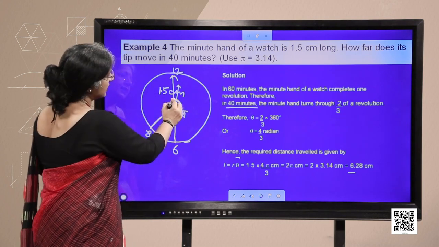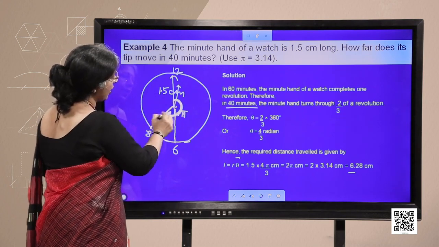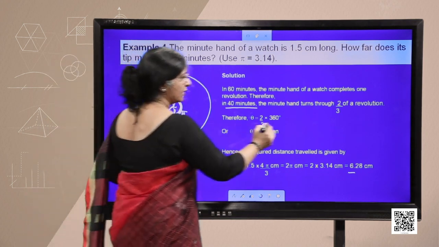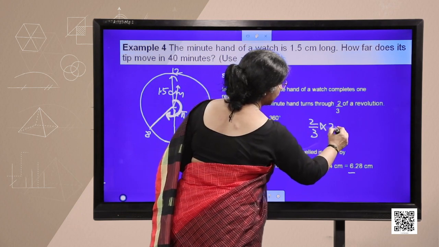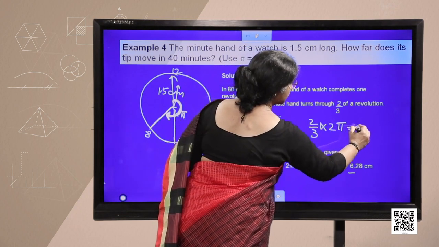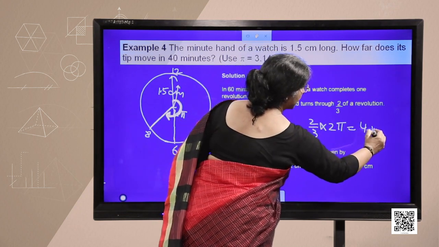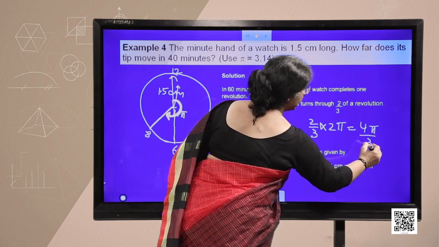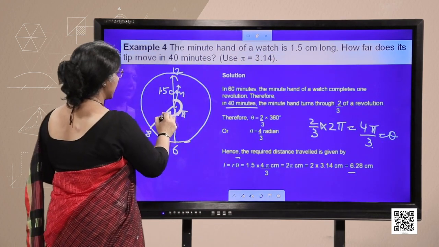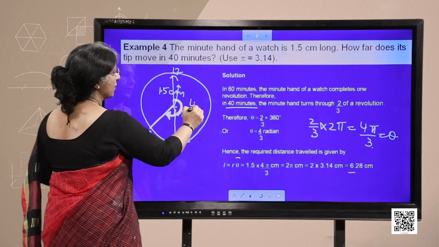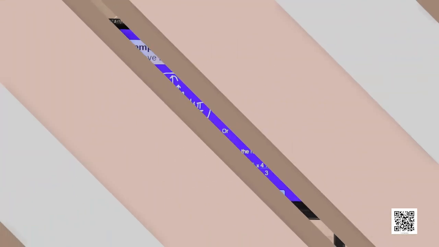As you can see, this covers 2/3 of the whole revolution. 2/3 of the whole revolution is 2 pi. So, this makes 4 pi by 3 angle theta. The angle theta traced by the minute hand is 4 pi by 3.